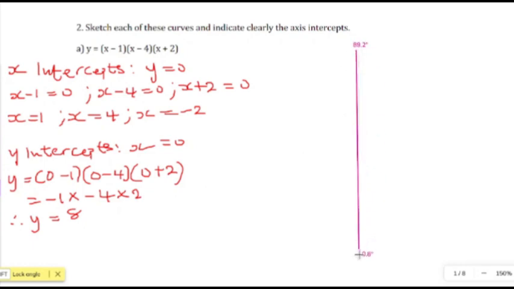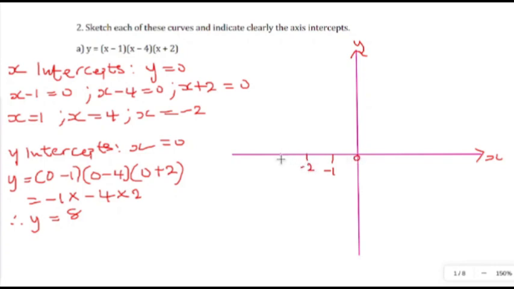So we have, this is our y-axis, and this is our x-axis. So we choose convenient scales. X ranges from minus 2 to plus 4. So I could come here and say, here is minus 1, 0, minus 2, minus 3.